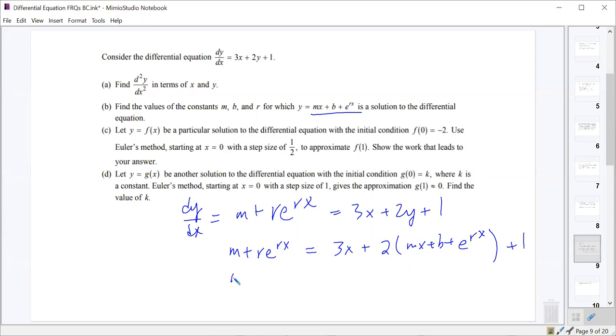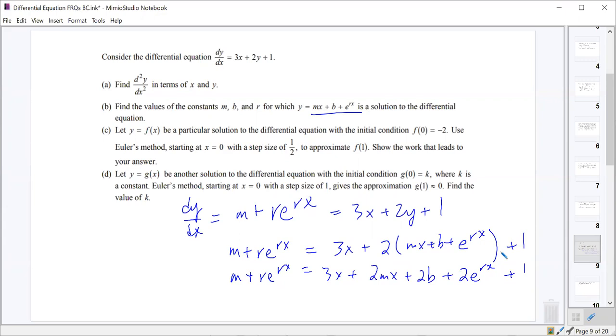And let's simplify that out a little bit. All right, so now we've got that distributed through.